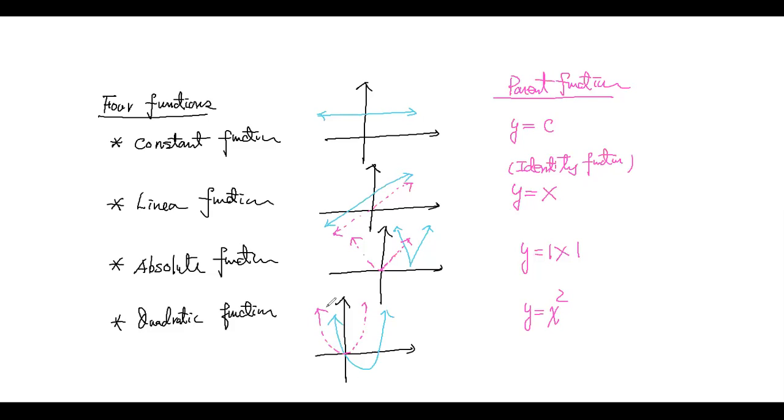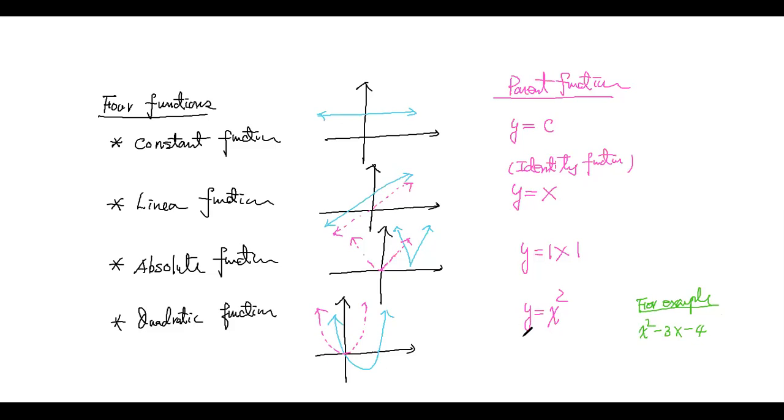In the next video, we're going to talk about what happens if you give me any function. For example, if you want me to graph x squared minus 3x minus 4, how do I graph it?